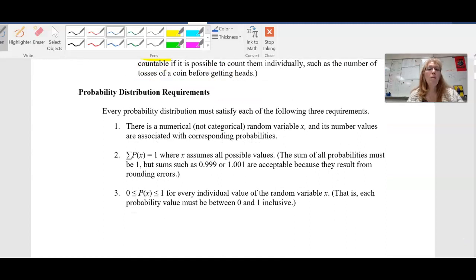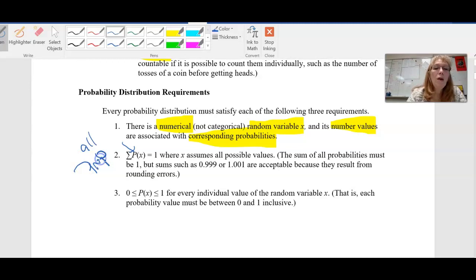We have to find the probability of a distribution. These requirements have to be met or we cannot use this procedure. Okay, first one, there's a numerical, not categorical, random variable. Its number values are associated with corresponding probabilities. When you add all of the probabilities up, you will get 1.